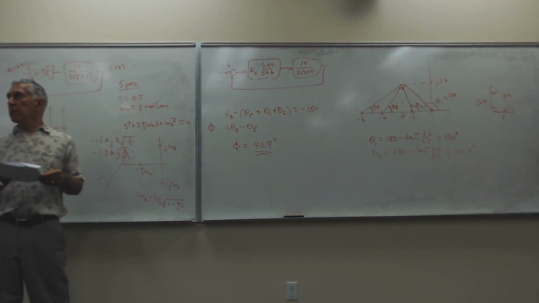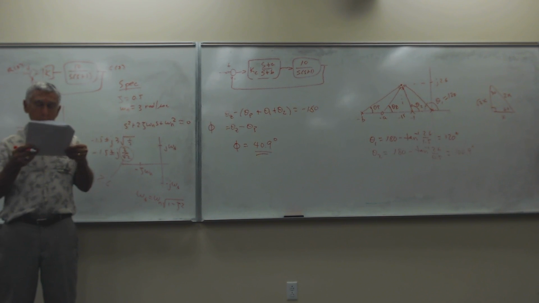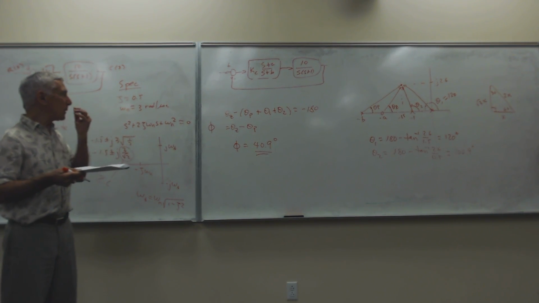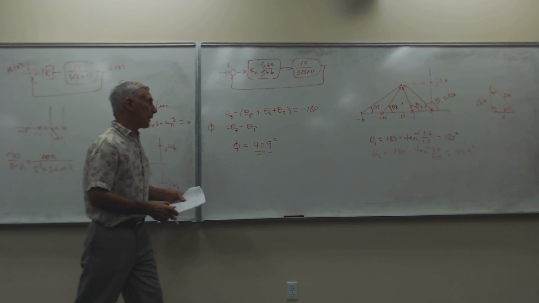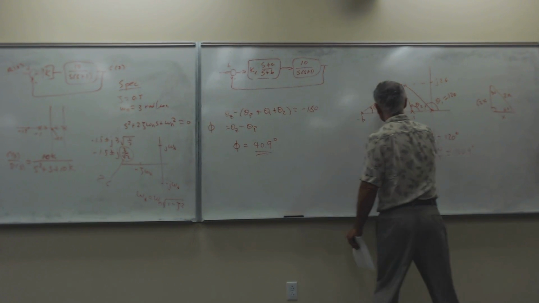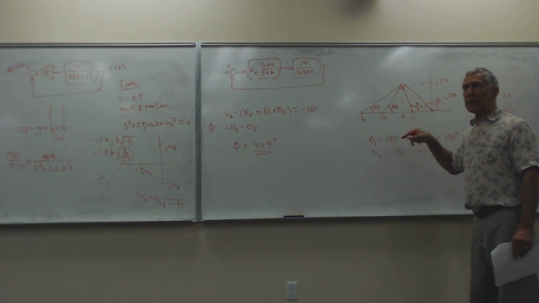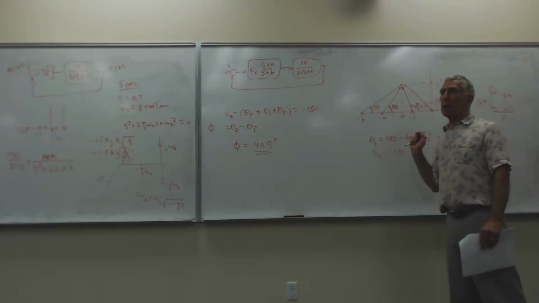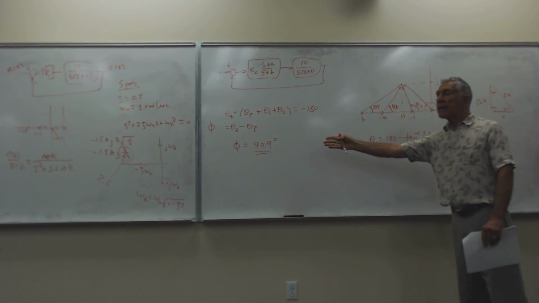Any questions? Okay, and here, again, you can see that there are an infinite number of possible combinations of theta z and theta p to satisfy this. Right? The difference must be that.